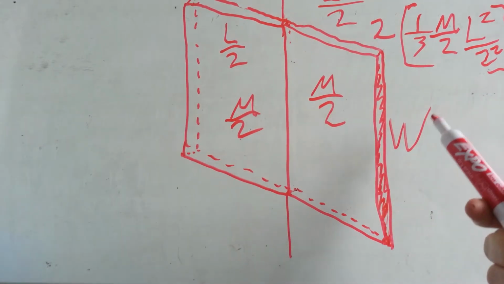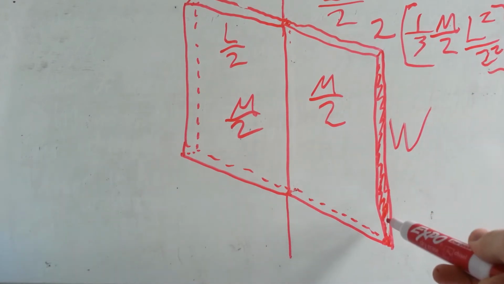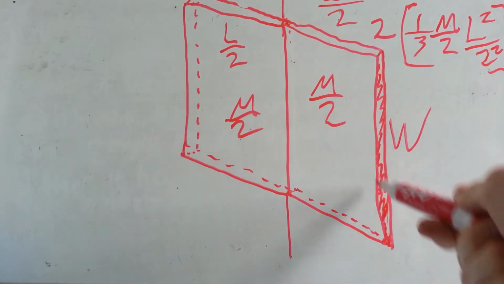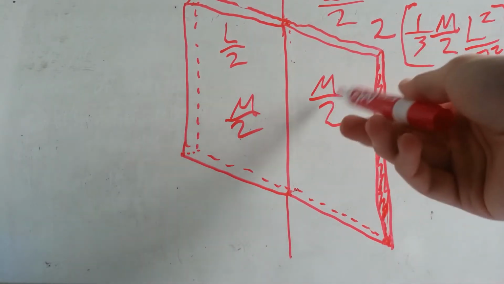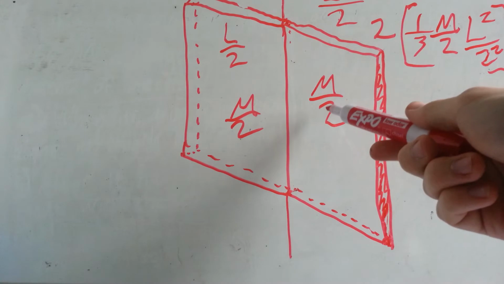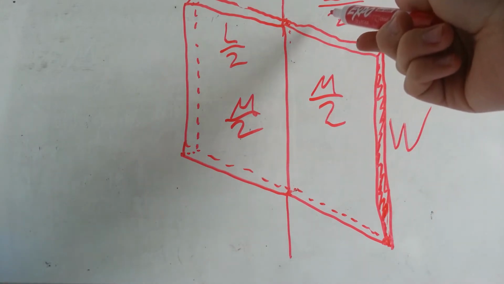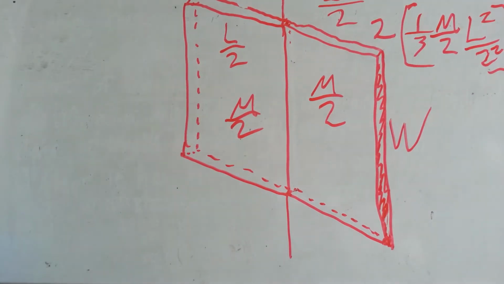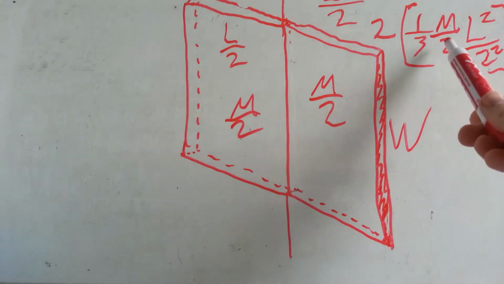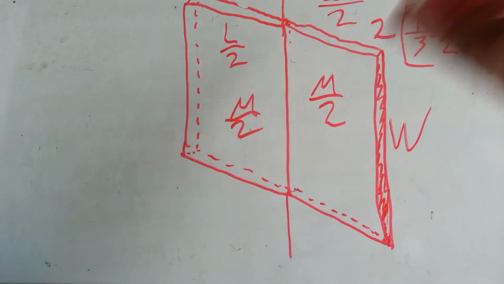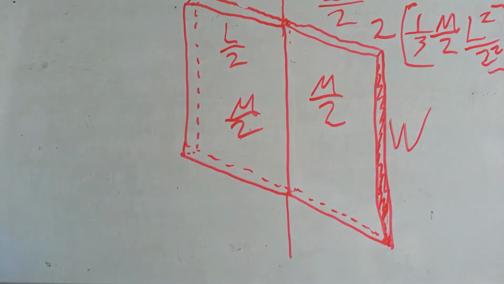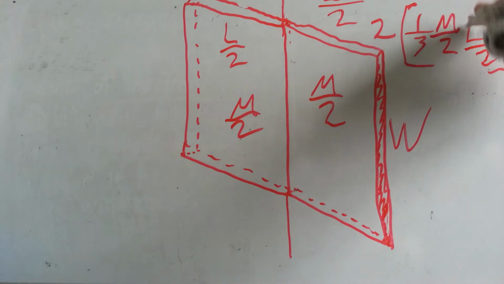But we don't care how long it is this way, because that's just taken care of by the mass. All we need to know is how much mass is there, how far away from the center of rotation it is. That's what we care about. Okay, so 1/3 m over 2 times L squared over 2 squared, and then just multiply it by 2, and you have it for both. So that wasn't that bad.